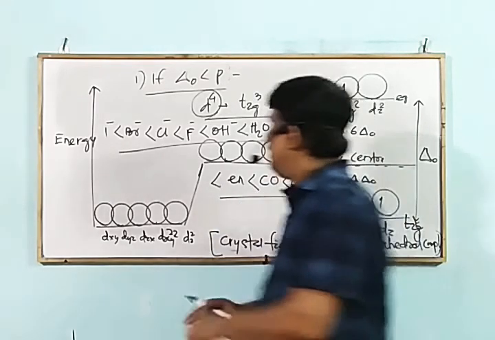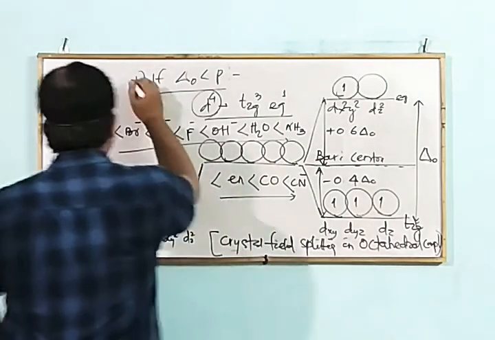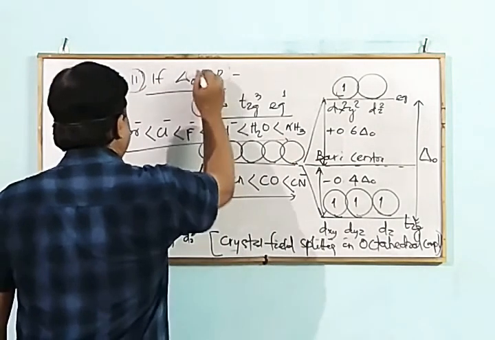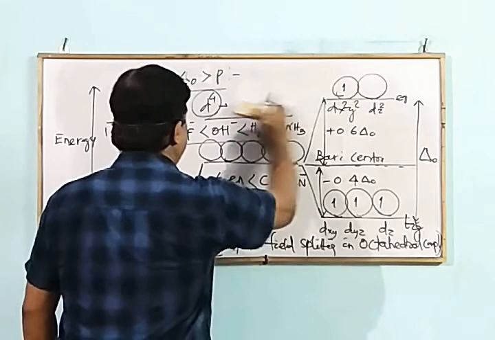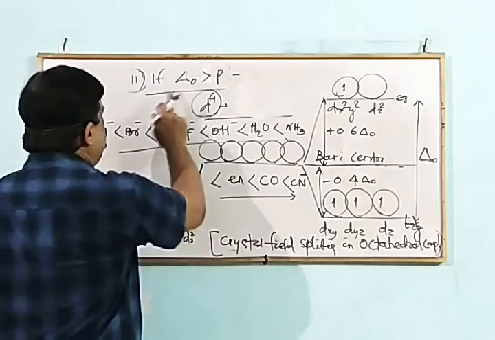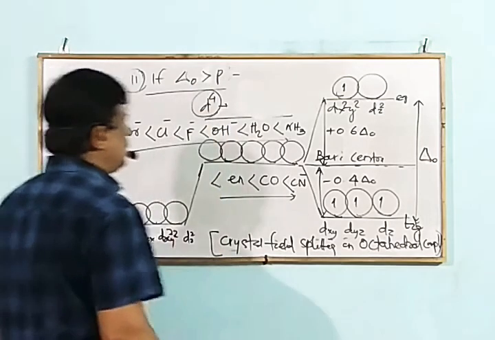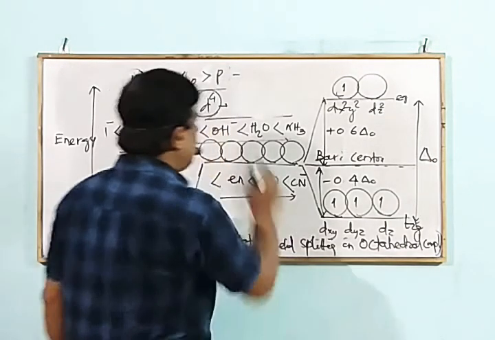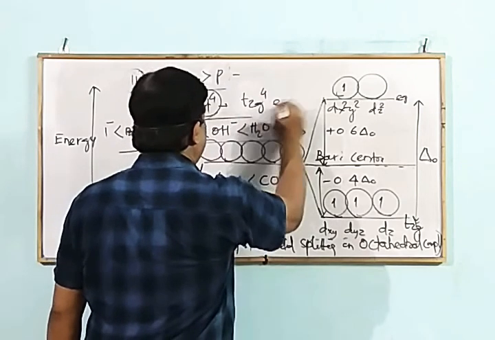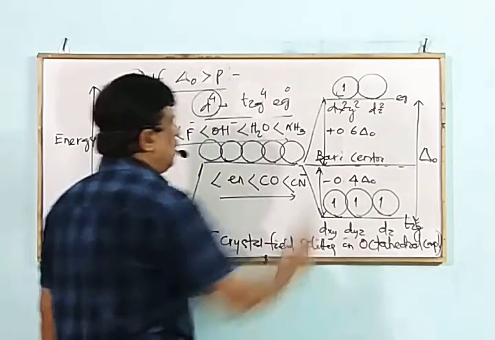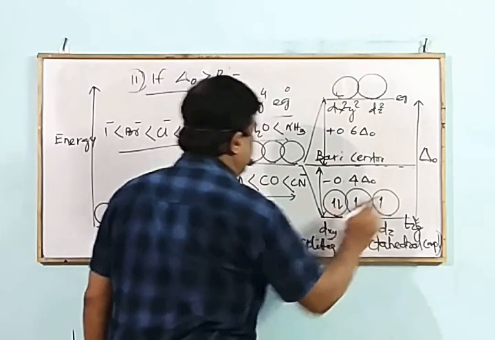Case 2, mark that. If the crystal field stabilization energy is greater than the pairing energy, that is ΔO greater than the pairing energy, then for the d4 configuration the expected electronic configuration is t2g4 eg0.